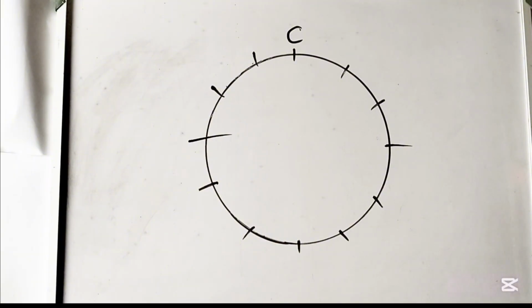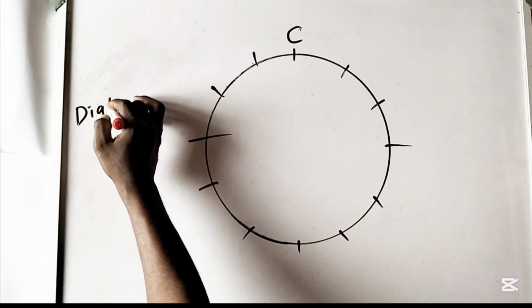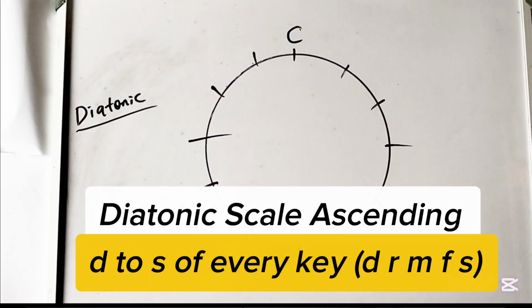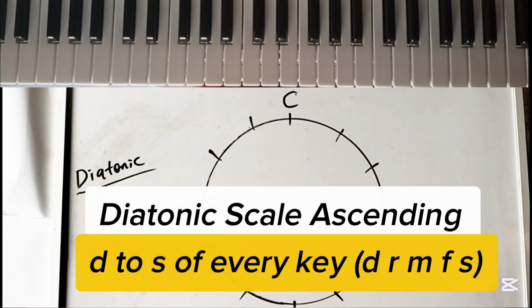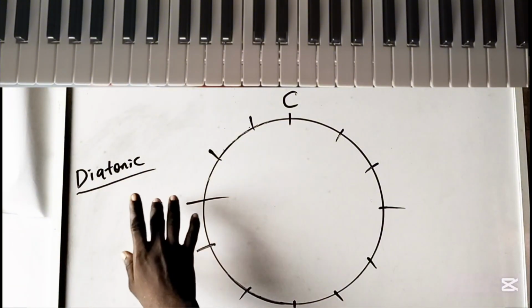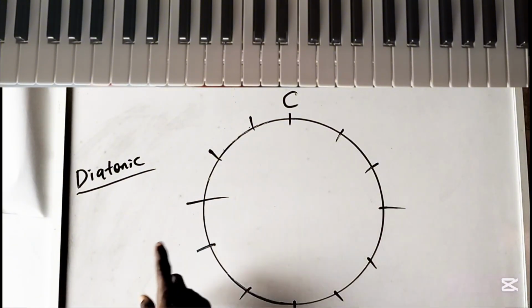So let's do what we call diatonic ascending. First of all, this is key C. Do you understand? This is key C. And when you get the key C, you ask yourself, diatonic ascending is the circle of fifth, the main circle of fifth.